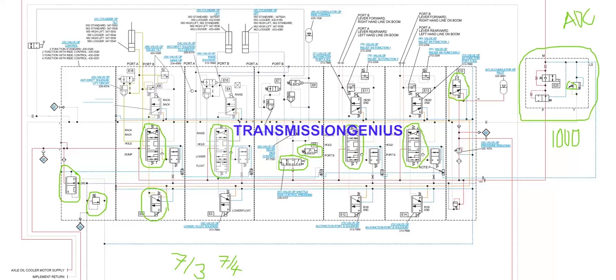But this oil doesn't go directly to this spool. The oil goes inside the solenoid, and this solenoid is the right solenoid, for example. And when you have this position, the solenoid supplies the pressure to the spool through this line.